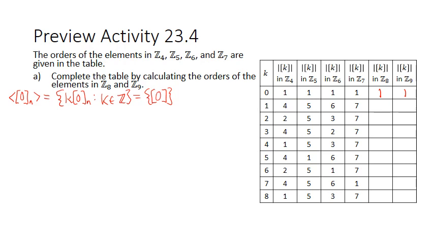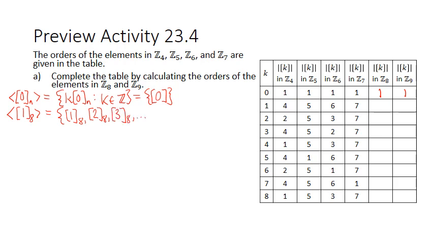And then if you look at the next row, that one is kind of similarly predictable. So if we look at the order of 1 in Z8, what do we get if we just try to write out all the multiples of 1? Well, first of all, there's 1. And then 2 times 1 gives 2, and 3 times 1 gives 3. And it's not very exciting.